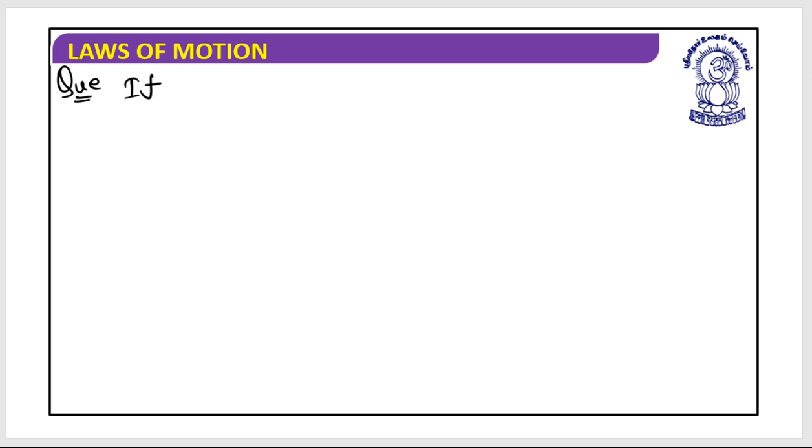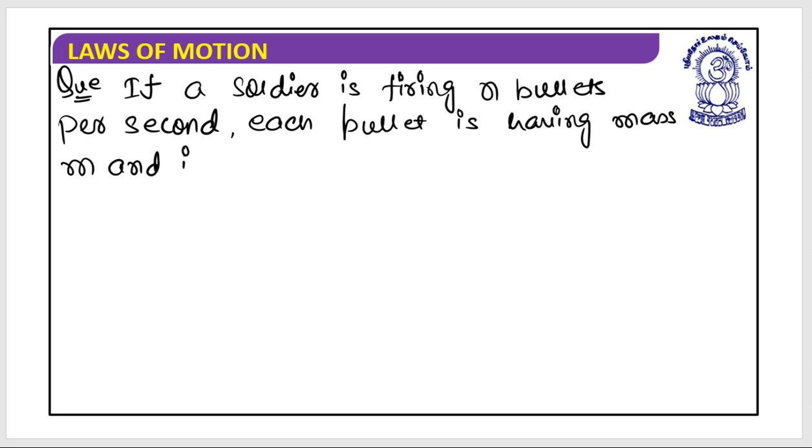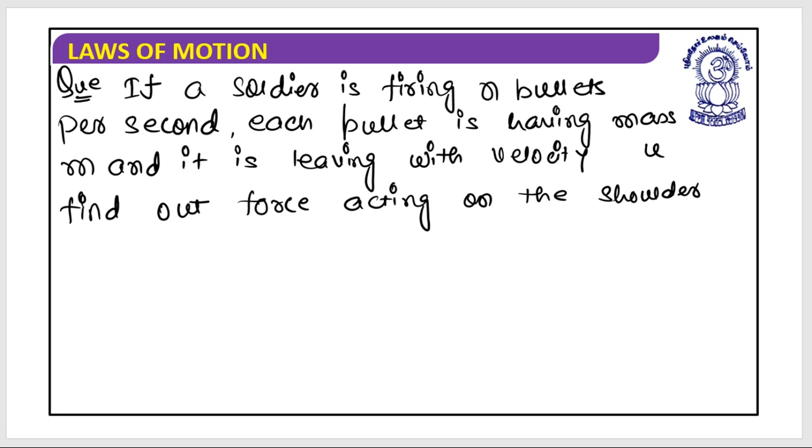If a soldier is firing n bullets per second, each bullet having mass m and leaving with velocity u, then find out the force acting on the shoulder of the soldier.